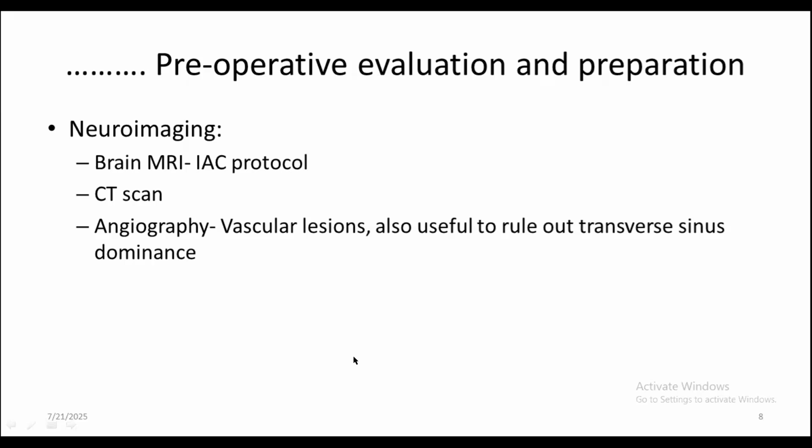Angiography is also handy, especially in vascular lesions where the vessels in the CP angle are delineated by angiography. However, it is also useful to rule out the dominance of the transverse sinus. Usually in most individuals, the right transverse sinus is usually dominant, and this dominance implies that it is the main sinus that is draining the blood from the confluence.